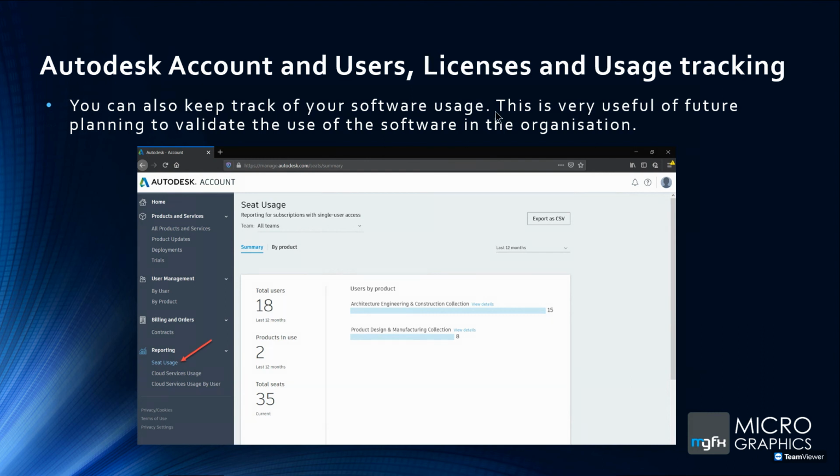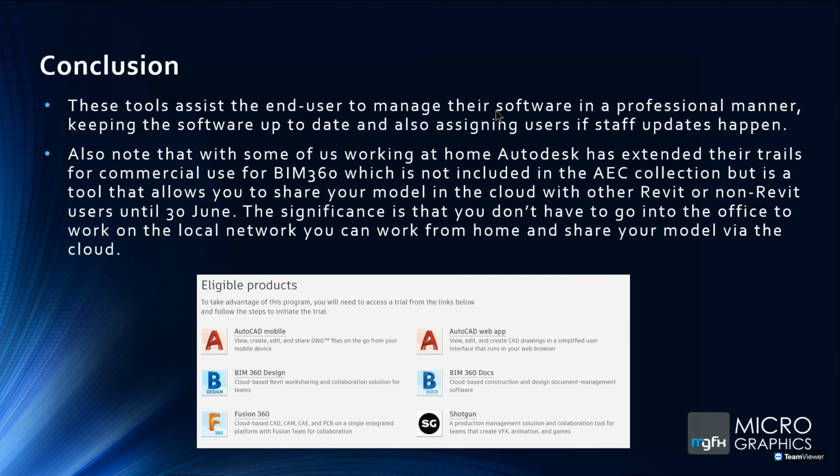All right. Okay, so that's in short just a brief little overview of the Autodesk account. The main idea is that there should be a primary user or primary admin, and then the users.